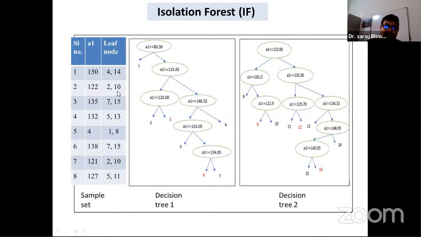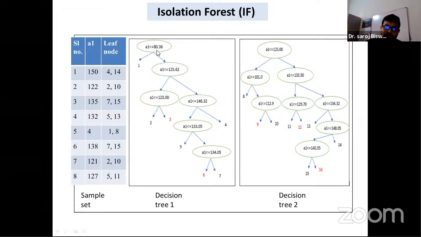Sample number 5 is lower than 80.36, so it comes to this side. As it comes this side, it is now terminated, simply because its value is lower than the threshold. So 5 is terminated, and that's why the leaf against 5 is written as 1.